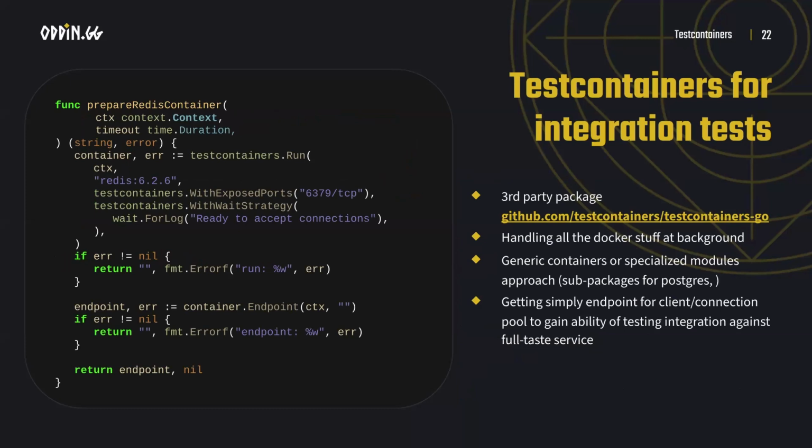If you would like to include some more integration testing, I have some experience with using test containers. They are pretty okay. Here you can see an example of how you can prepare a test container for Redis. Basically, test containers handle all the Docker behavior in the background. You don't need to test it.